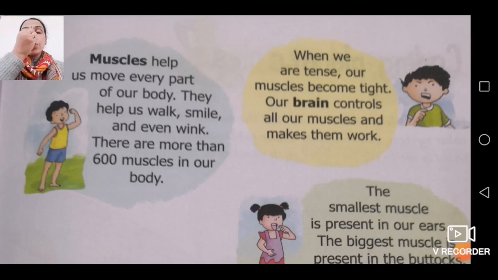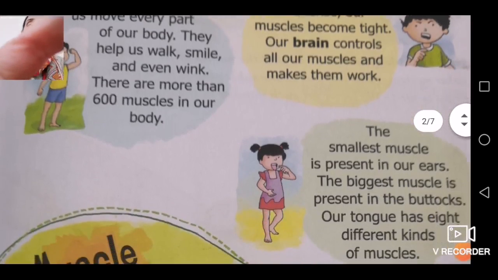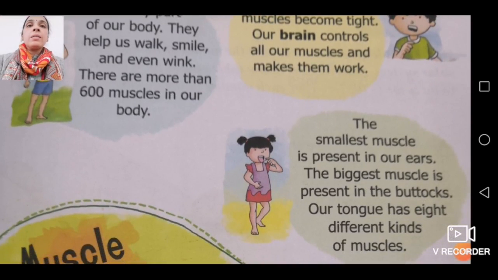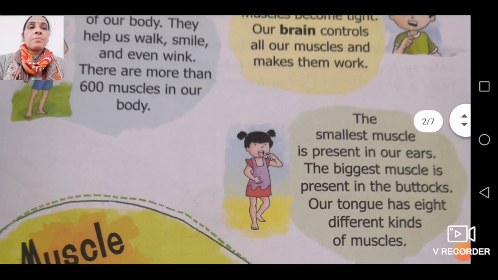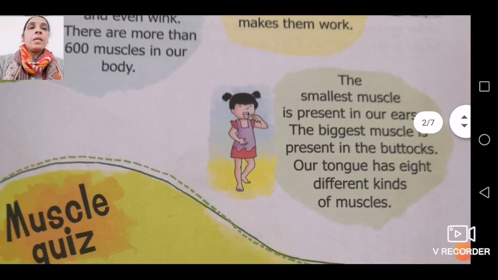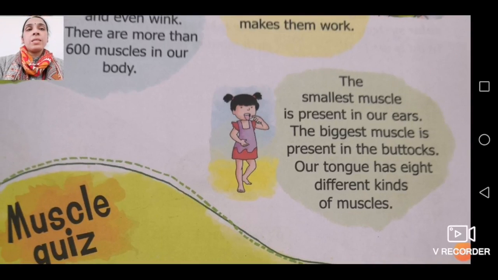So all this is done by the brain. That is an important part related to muscles, that when we are in tension, या परेशान हैं, our muscles will become tight. All these things are controlled by our brain.